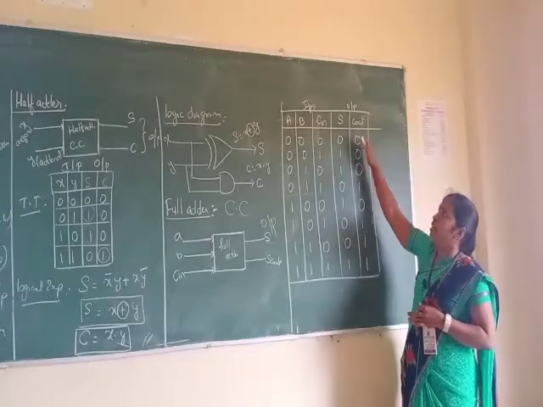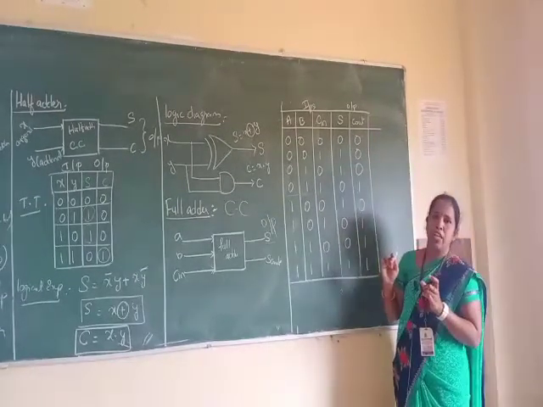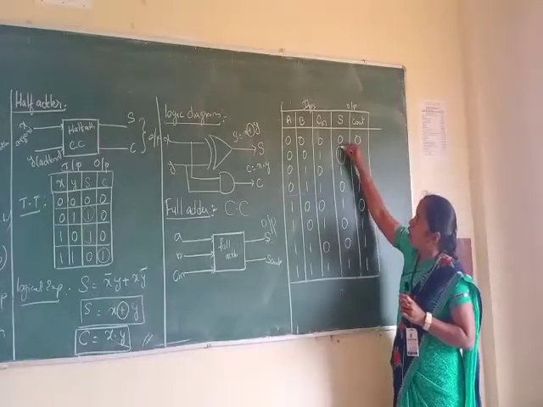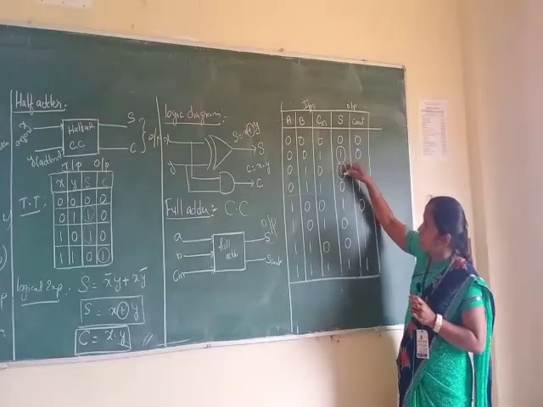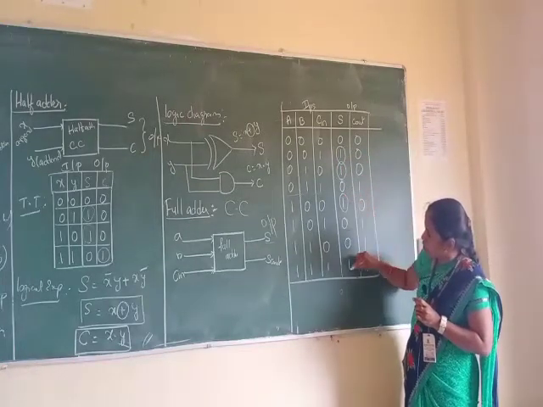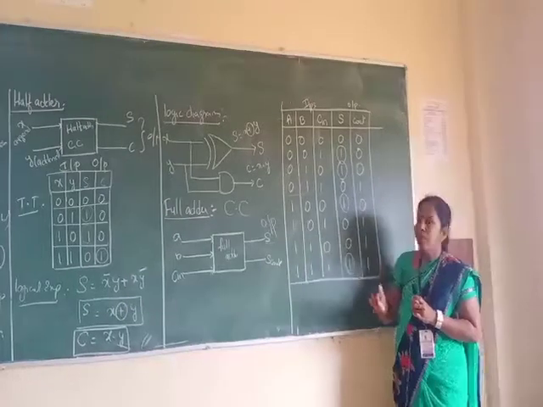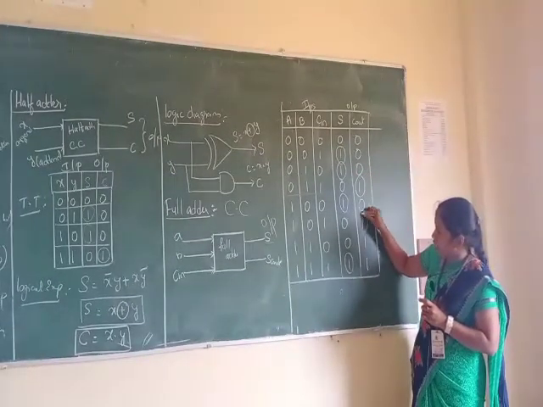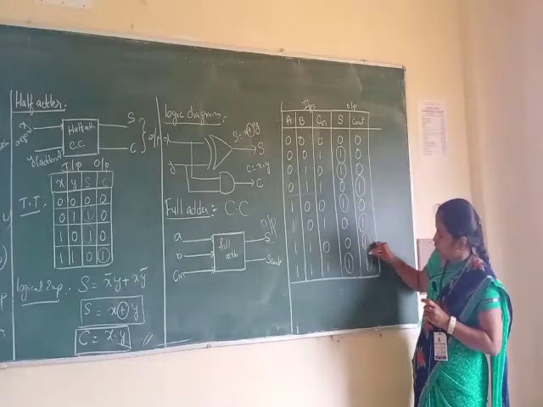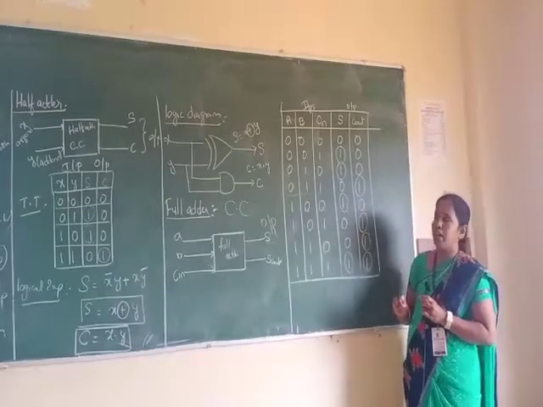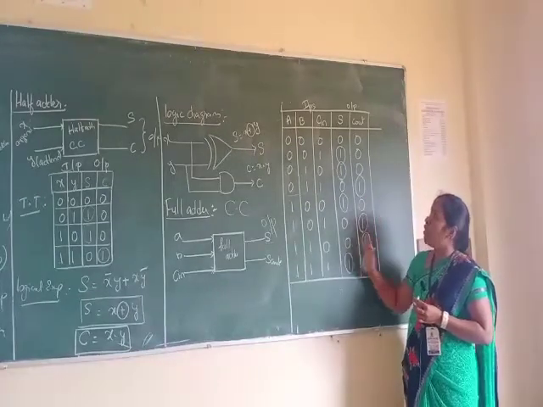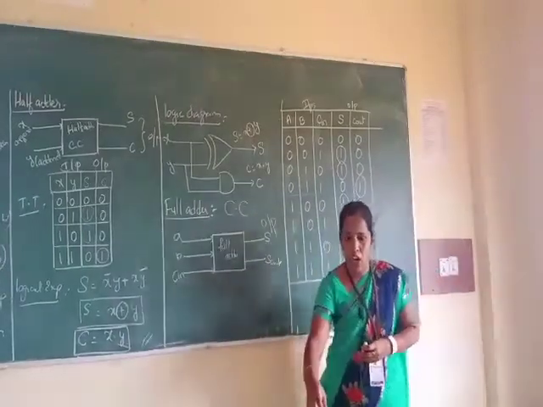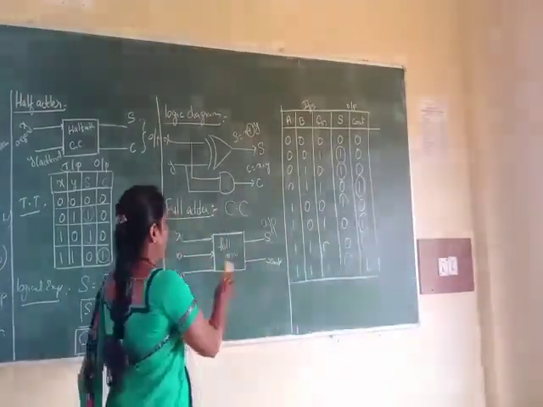For sum, wherever 1 is there, you have to plot those values and generate the expression. For C out, in 4 cases it is generating 1. For this sum and carry out you have to generate the logical expressions, and that I will generate here.